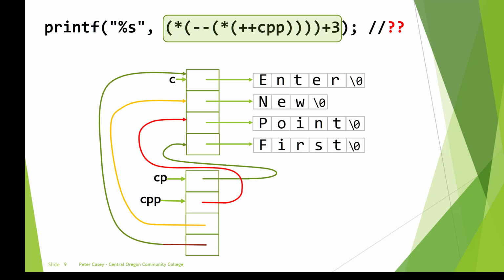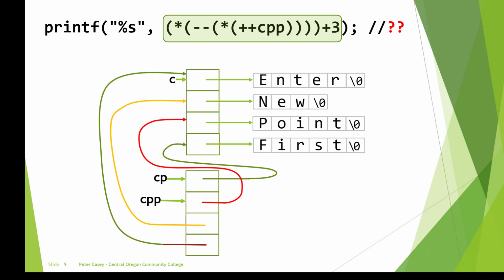We dereference that, so we follow the yellow line, and then we pre-decrement that. Now remember, that's the pre-decrement operator. So it's actually going to change what the value is that's stored at that location. So when we decrement that pointer, of course, we move it down in the array C. And then we dereference that, which gets us an address, of course.